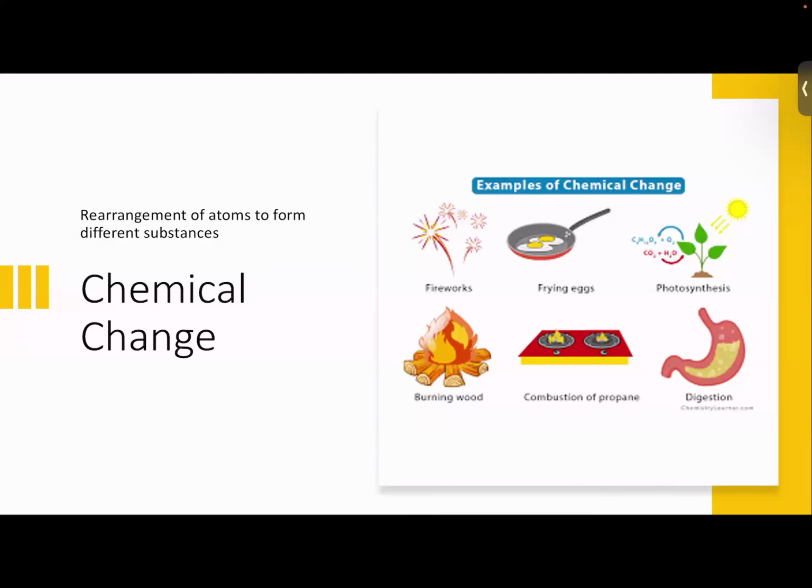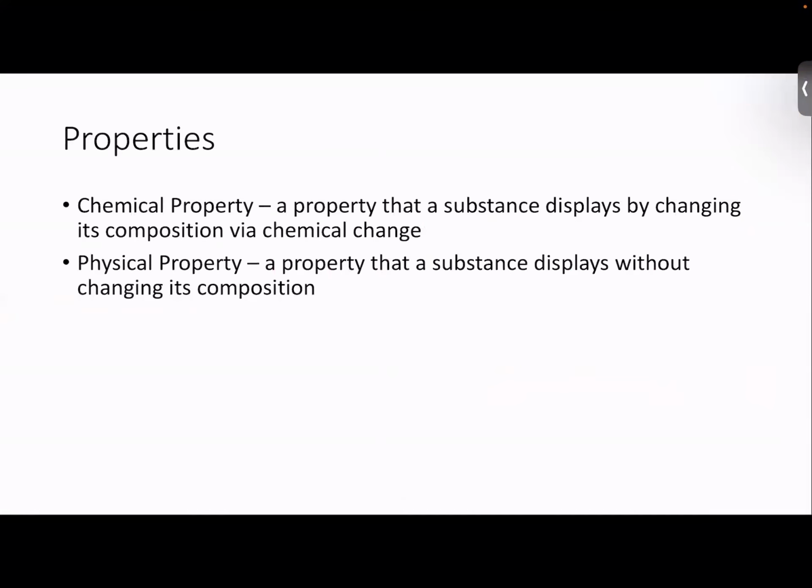Now, these changes are described by properties. A chemical property, though, you can only identify once it's undergone a change. So the fact that wood combusts, I could not have known that without actually observing the wood combusting.